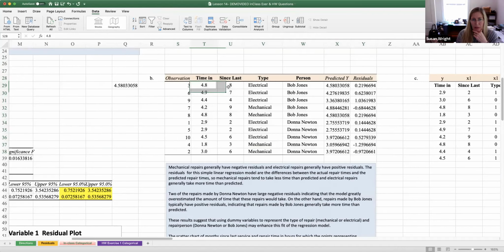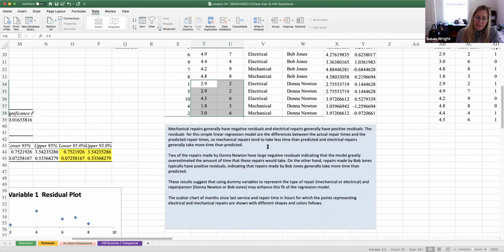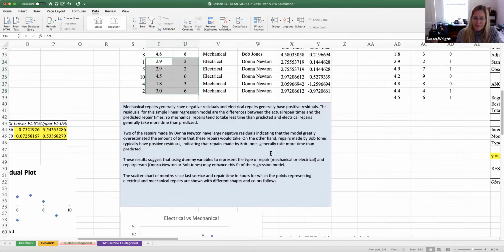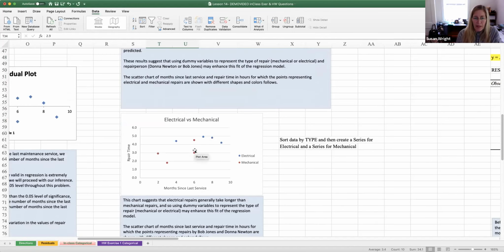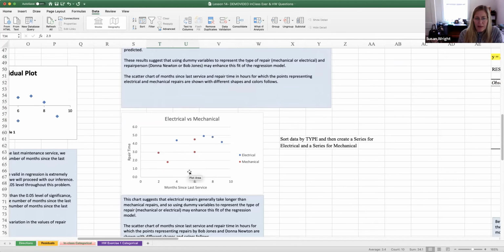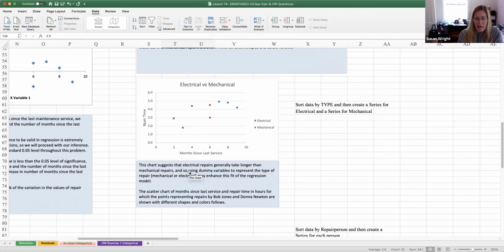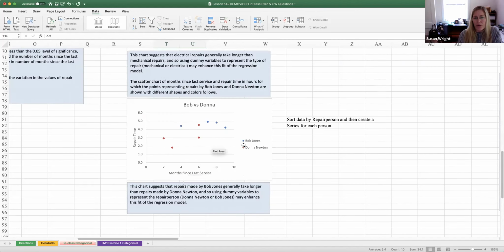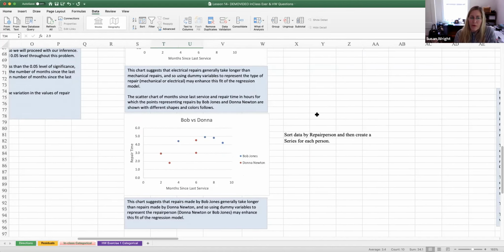So you're going to pick up these points in the first series, and you'll pick up these points in the second series. And like I said, when you get to the homework, you watch me do it in the video. You'll see how to do that. But it's a cool way to do the scatter plot with a third dimension, right? With something else besides what's on the X and Y axes. So I think that's really useful for you to do. You got one of those to do in the homework.